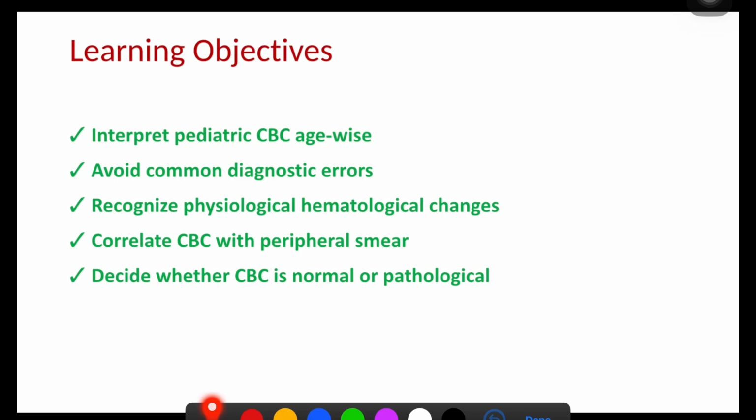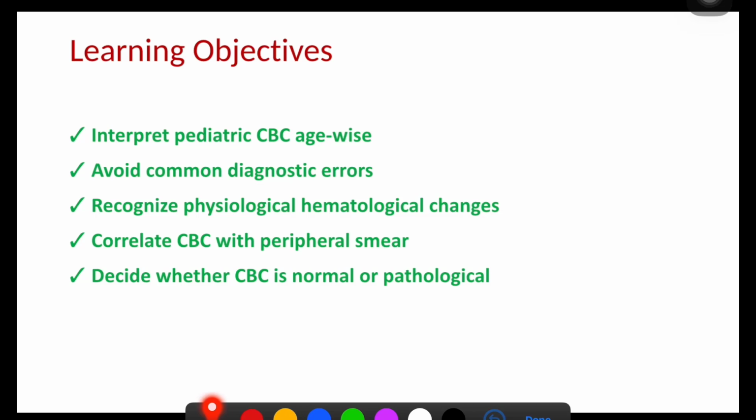and that's why interpreting a CBC in children is completely different from interpreting an adult CBC. Hemoglobin level, WBC count, MCV that appears abnormal in an adult may actually be perfectly normal in a newborn or infant. So in this lecture, we will learn how hematologic values change from the healthy fetus to the neonate, infant, child and adolescent, and discuss the essential points to review before evaluating a peripheral smear.